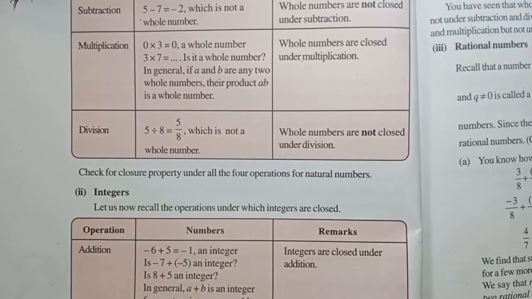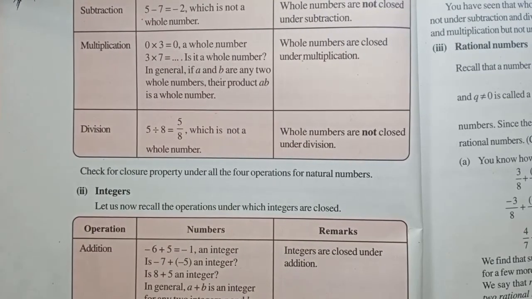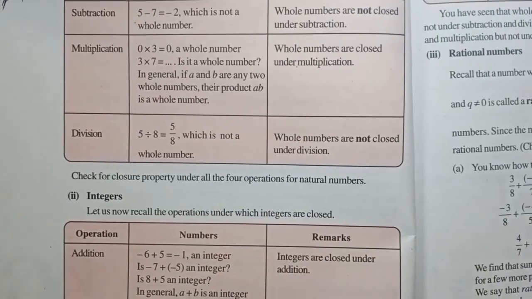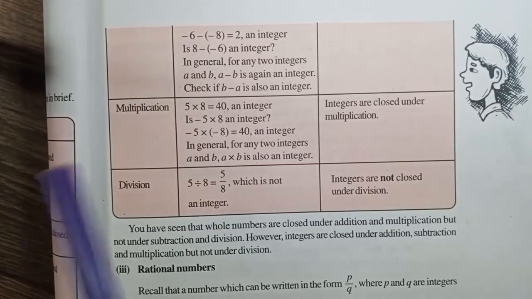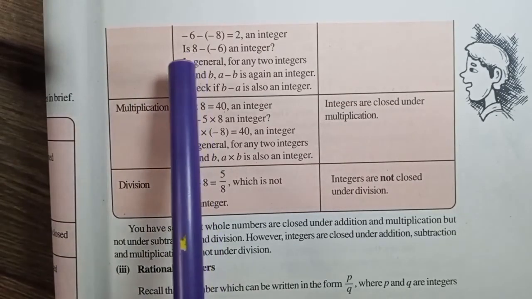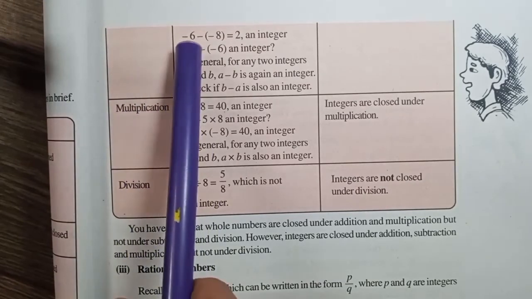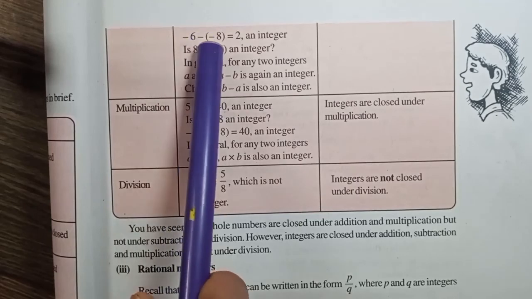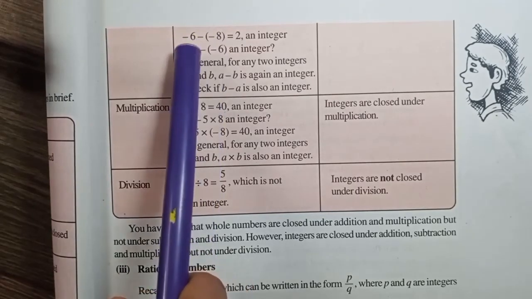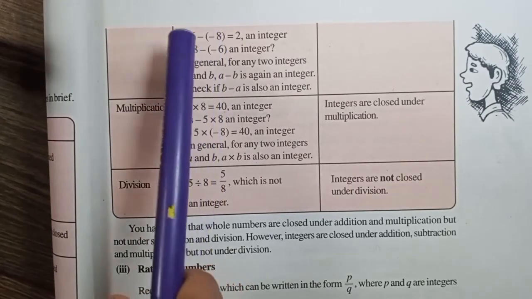In the same way, let us check the closure property in regard to subtraction of integers. See here, they have taken two integers. One is minus 6, the other one is minus 8. When we are subtracting minus 8 from minus 6, what happens?